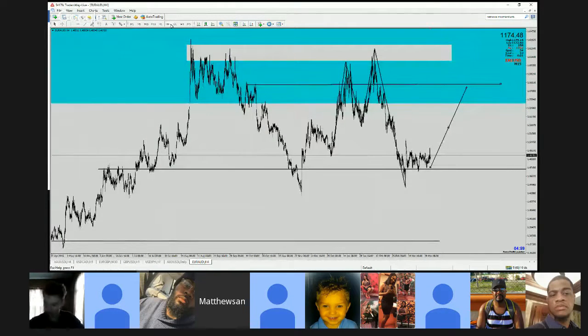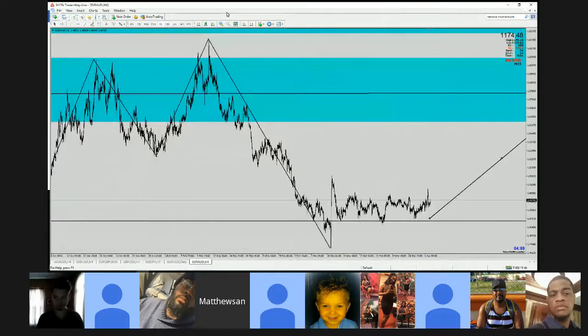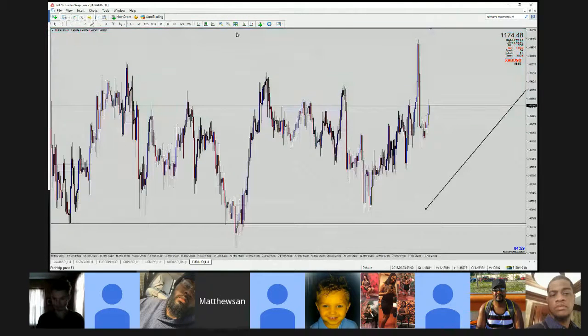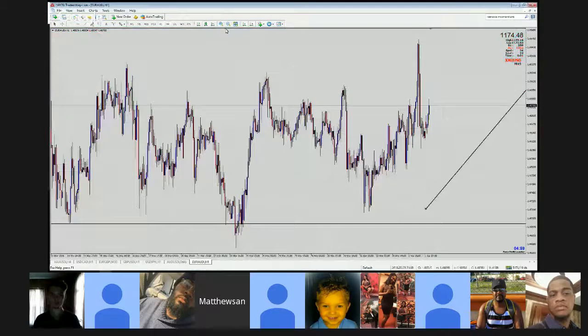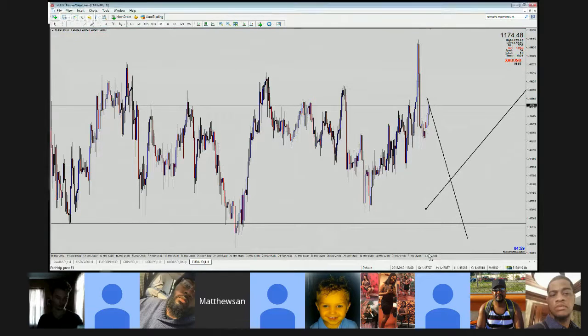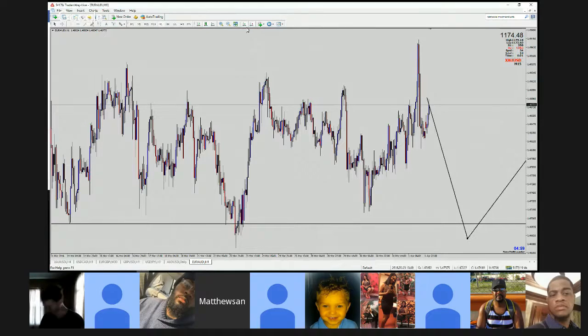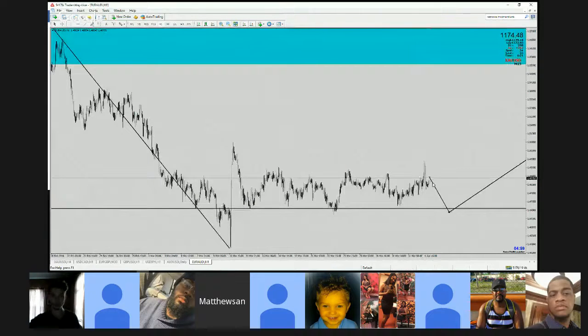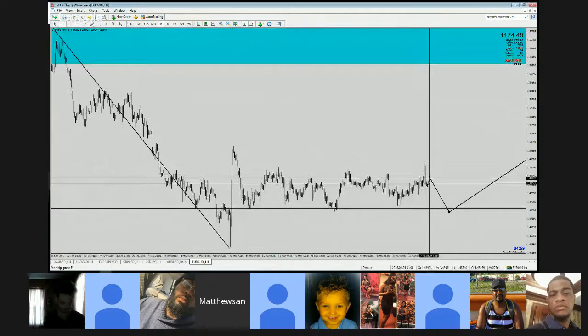Let's see if I can see anything else on it. So what I want to see is this pull back down to hit this area. Pull back down, which for EA is not a lot, to be honest with you.